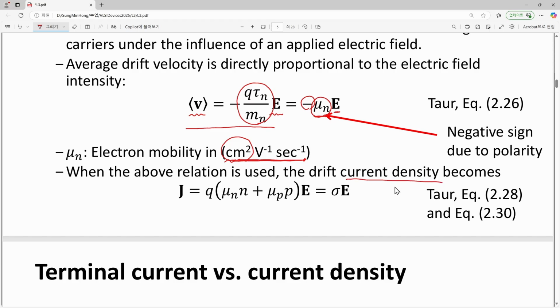I will explain what the current density is in the next slide, but now we can have this expression. If you are quite new to this study, you may feel that here we have the same sign for electrons and holes.